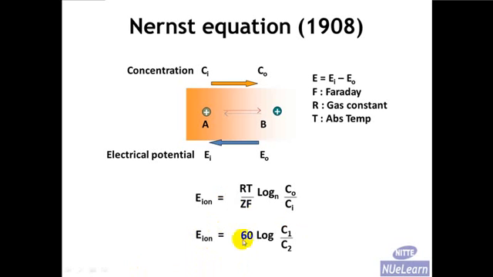It would simply be roughly 60 into the logarithm of the ratio of potassium outside to inside. This simplified formula is in a logarithm to the base 10, and all these constants have been incorporated in this number 60. So a very simple formula to remember: equilibrium potential is equal to 60 into log to the base 10 of the ratio of the ion outside to inside.